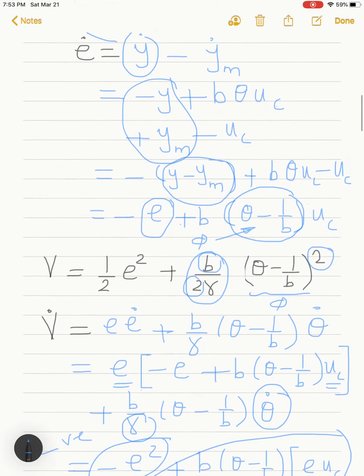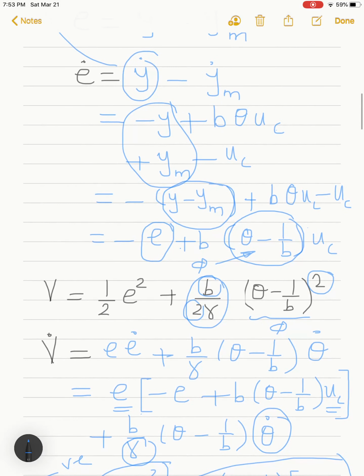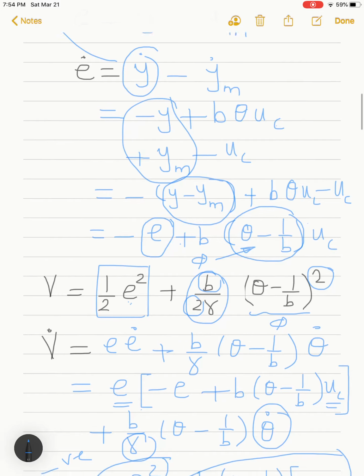We have chosen v to be like this. It's 1/2 e squared plus the error squared in the tuning parameter. So if v is bounded, it means that every term in v has to be bounded. So e has to be bounded, and theta minus 1 over b all squared also has to be bounded. Since 1 over b is bounded, then theta has to be bounded all the time.